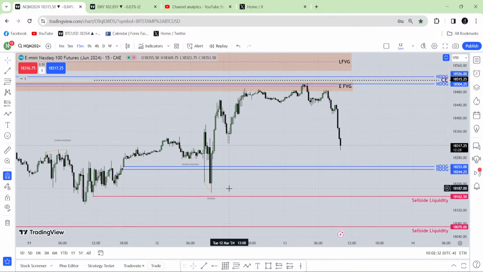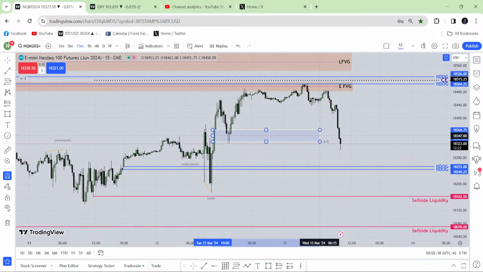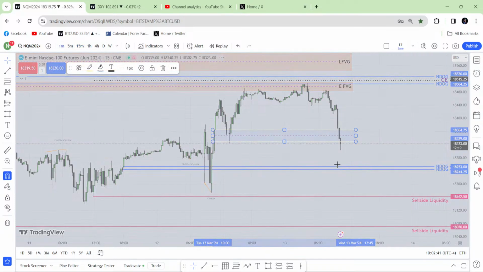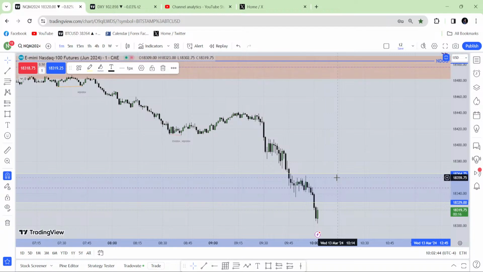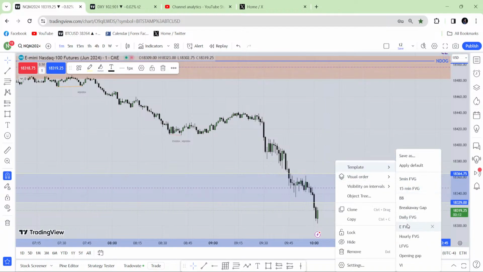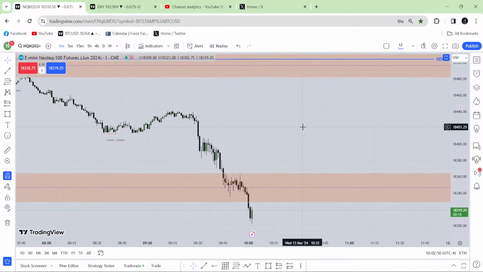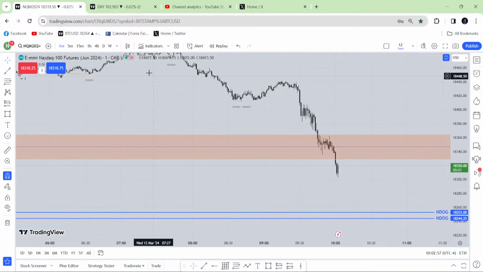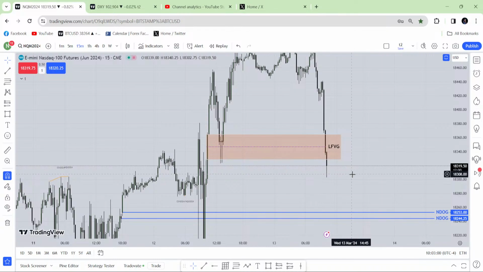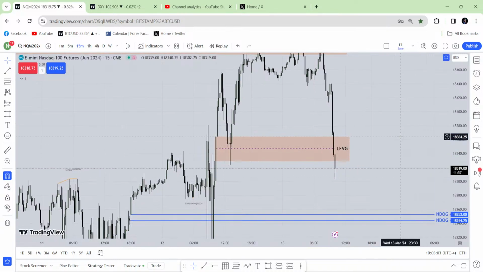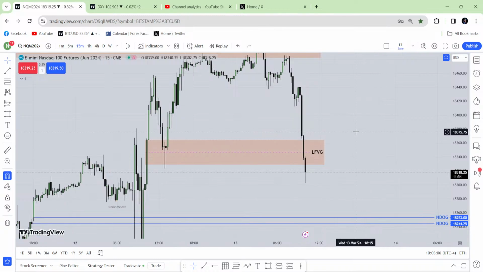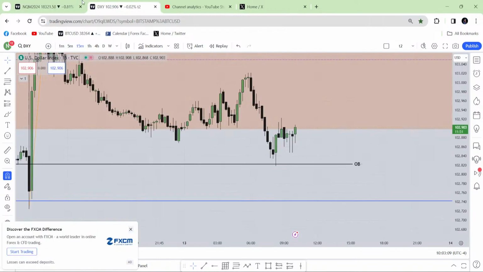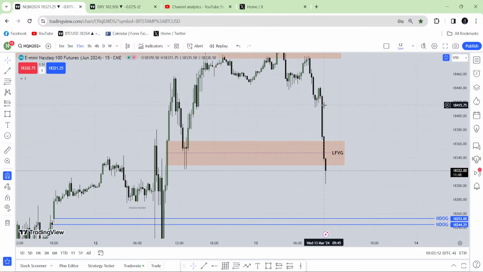That's your next target. Remember this parallel gap and this parallel gap. These two parallel gaps, remember, okay?